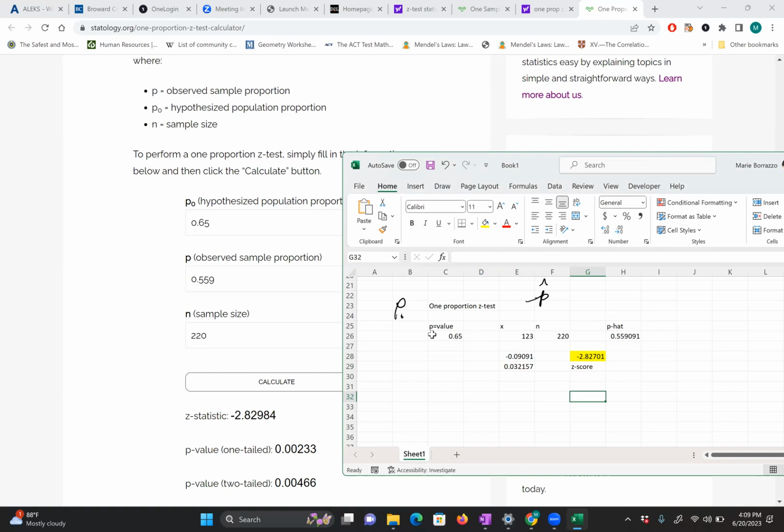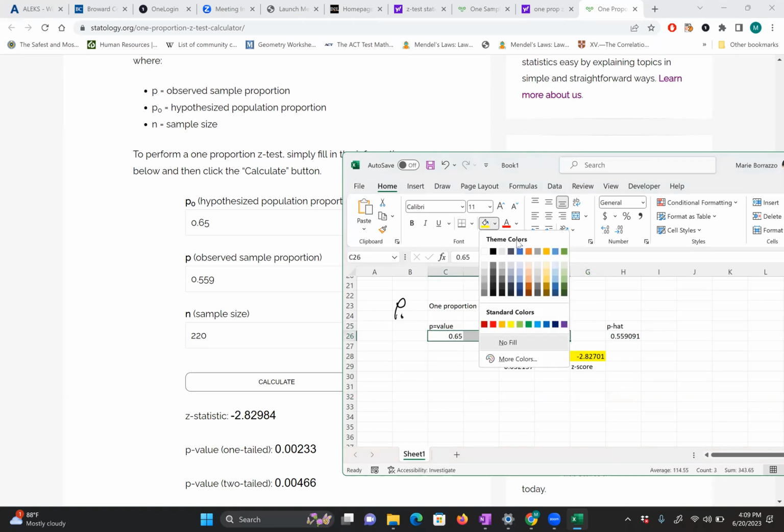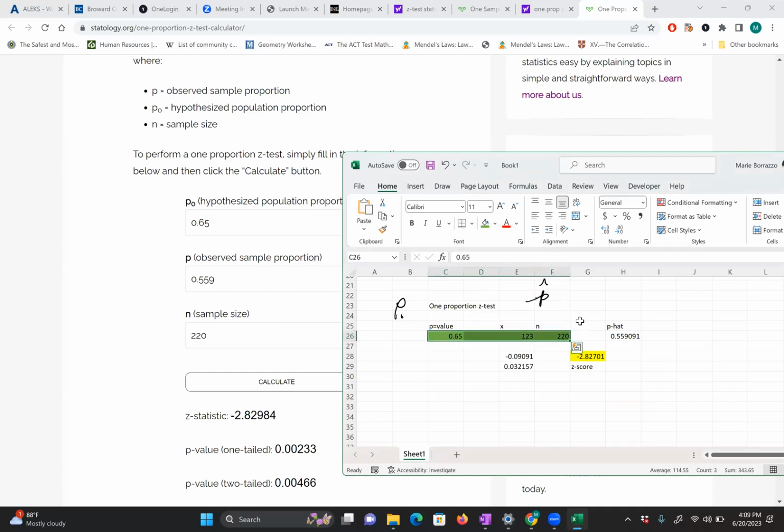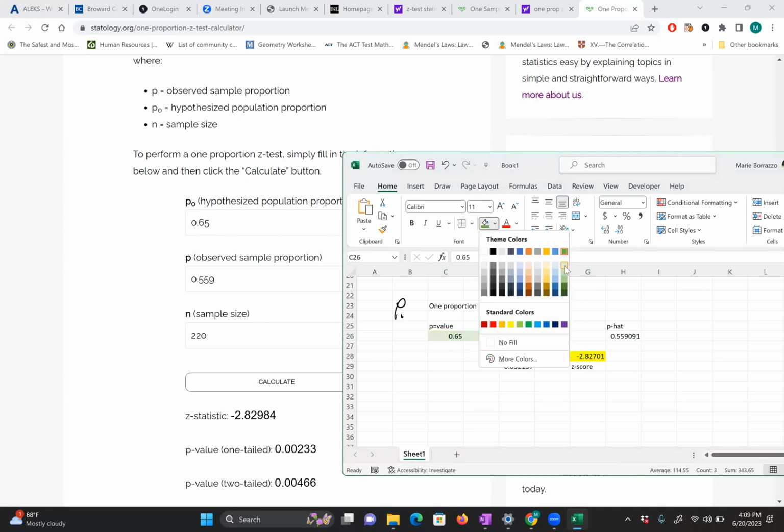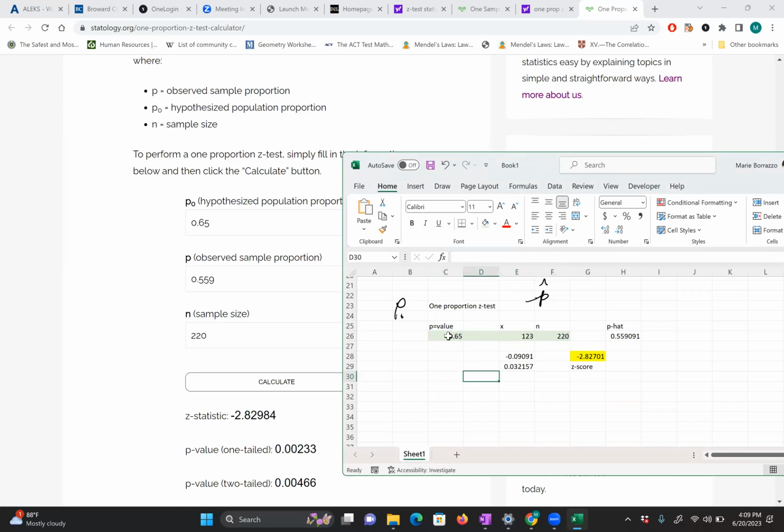The numbers you will change are just these. Everything else, do not touch. No touch. All right. So let me make them a little bolder, and I'll make the color a little lighter. And that'll be helpful to you. There you go.